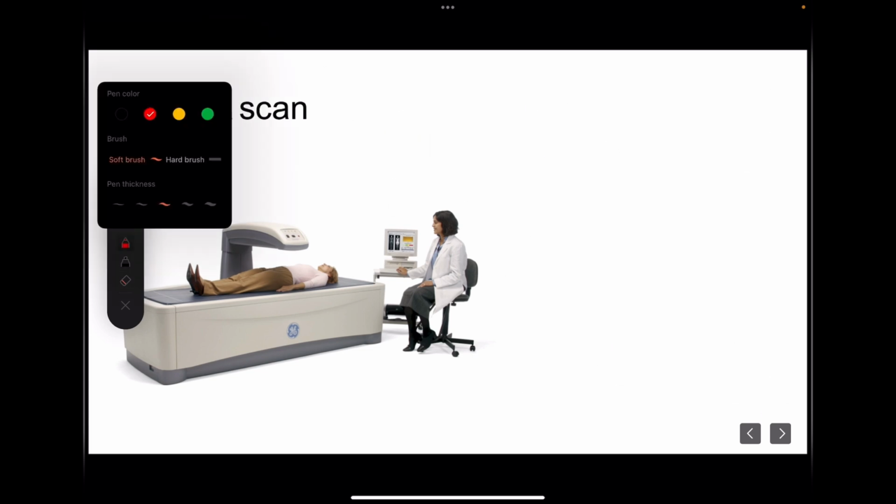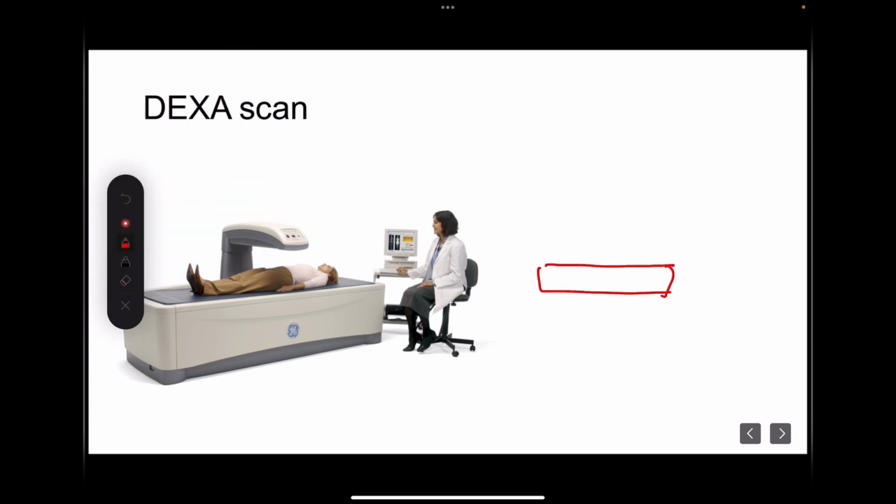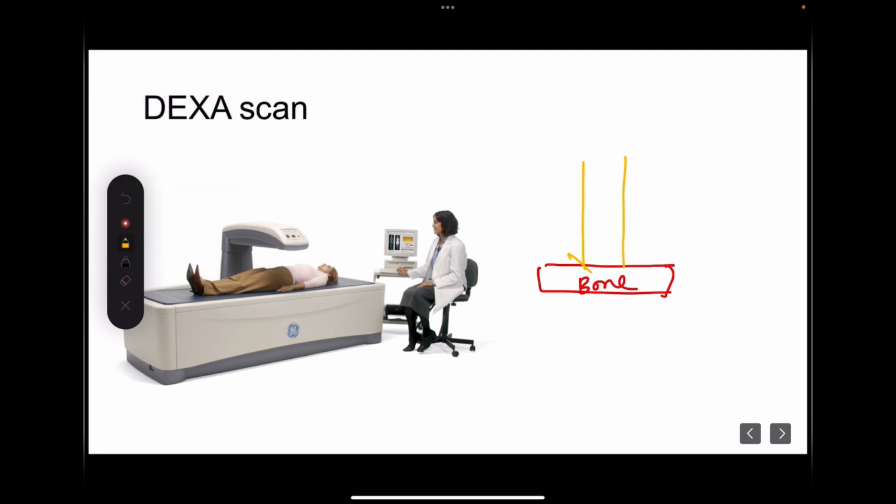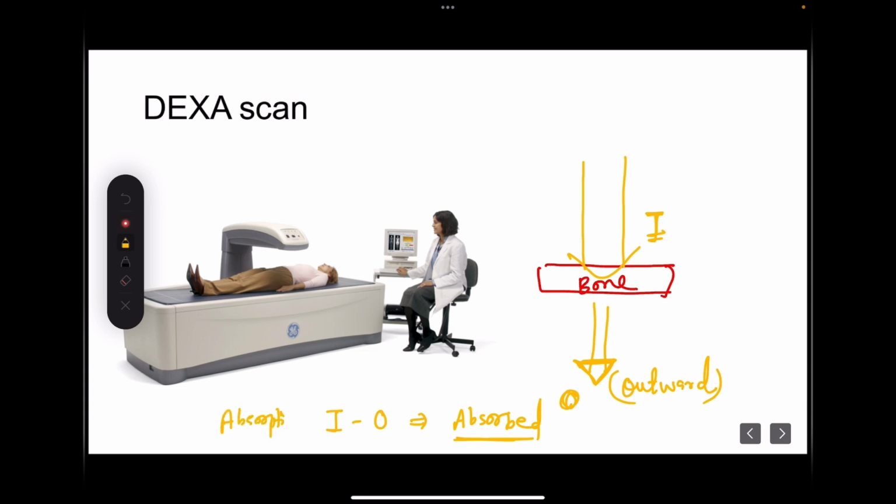Supposedly, in this diagram, this is the bone of the patient, and this is the incident X-ray. I is the incident X-ray, and this is the outward ray after absorption from the body, depicted by O. So the difference between I and O is the absorbed ray, and depending upon this absorption only, the DEXA machine calculates BMD in this patient.